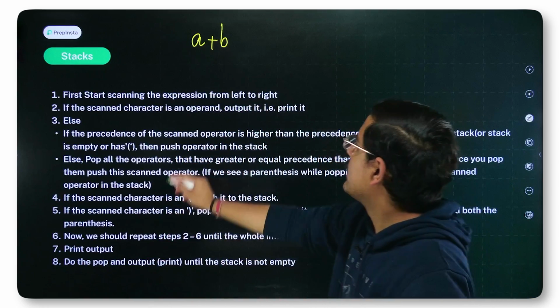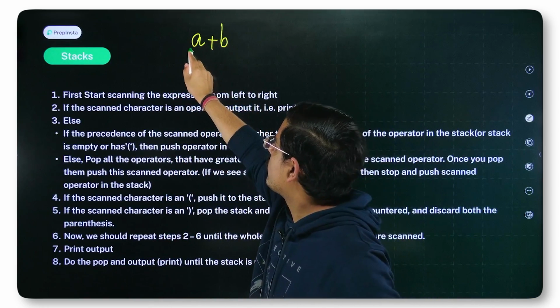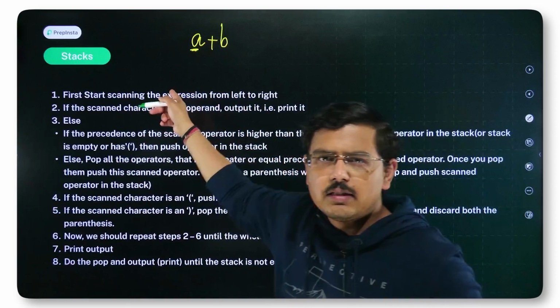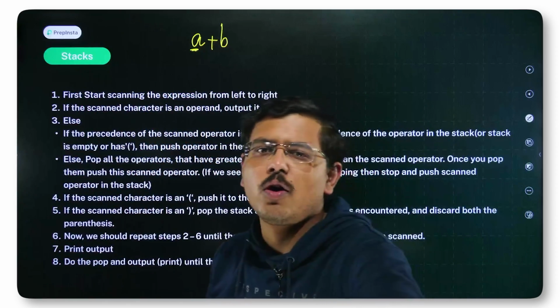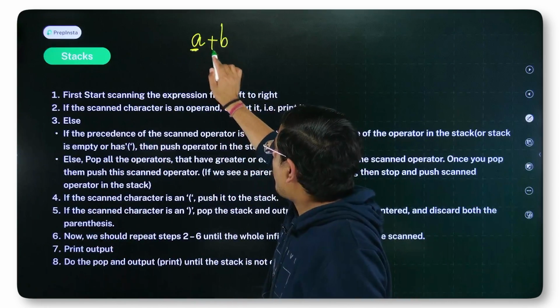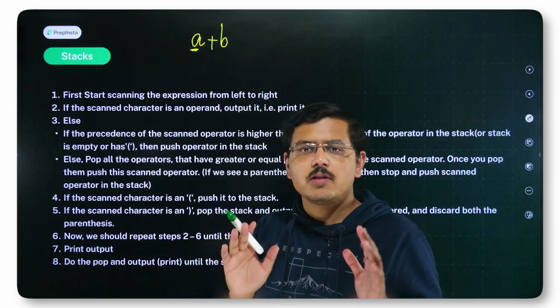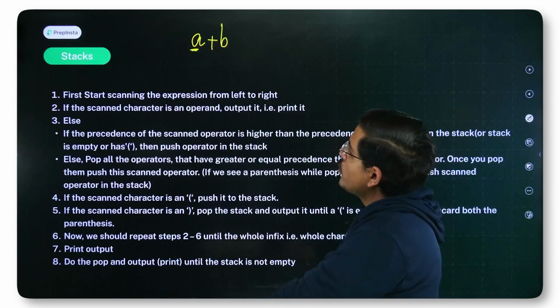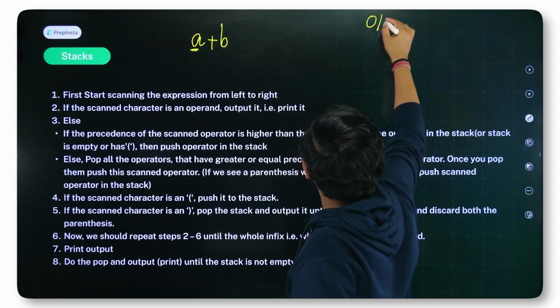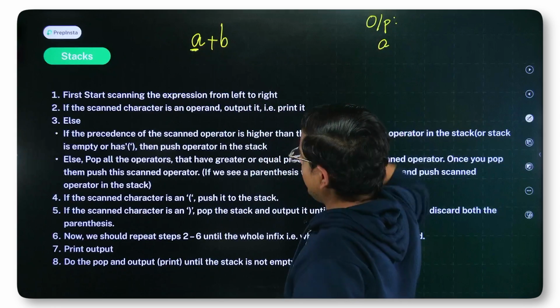If you start scanning, first character is operand, a variable or an alphabet you can say. This is called an operand. Number bhi hota hai to bhi operand. This is operator, which does an operation. So if the scanned character is an operand, print it. So I am writing output here. So I just print it.